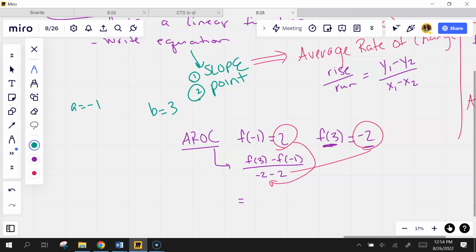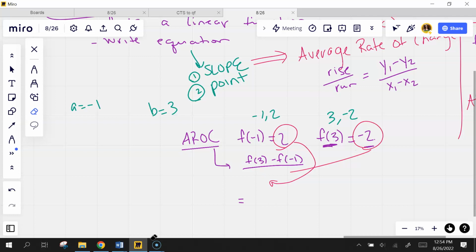Because this is the point -1, 2. This is the point 3, -2. Oh, yes. No wonder y'all are confused.